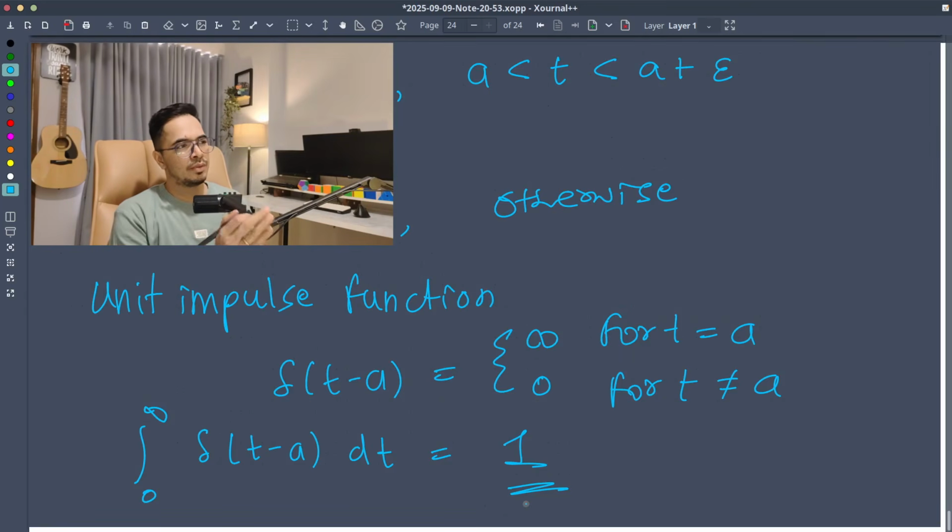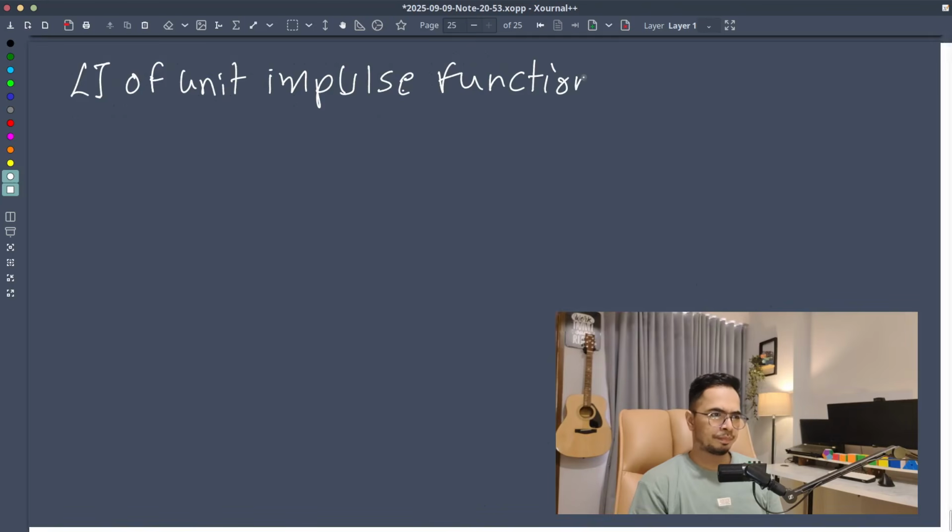Now, let us talk about the Laplace transform of the unit impulse function. How do we calculate it? So let us write down the expression: integral from 0 to infinity of f(t) into delta(t minus a) dt. I would write it as the integral from a to a plus epsilon of f(t) times 1 upon epsilon dt.